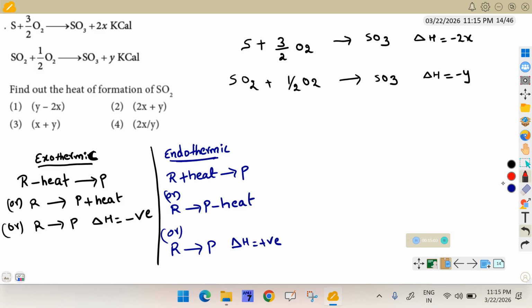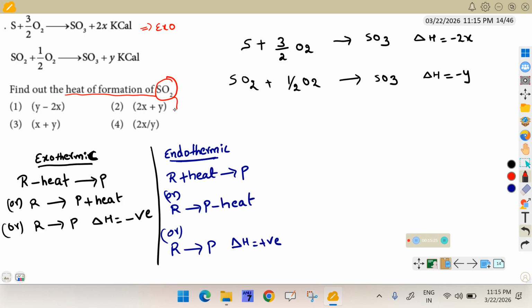S plus 3 by 2 O2 gives SO3. This is an exothermic reaction. SO2 plus half O2 gives SO3 plus Y kilocalories. Find the heat of formation of SO2.